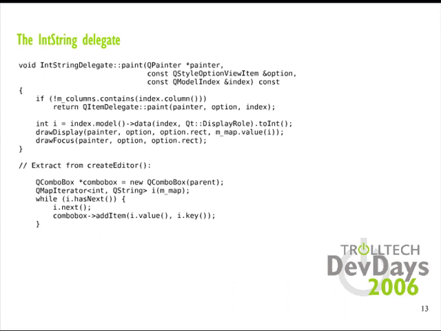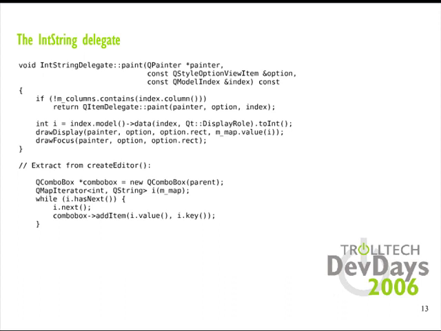So we get the string back, and the string we draw, we use map value. And map value guarantees you'll get a sensible value even if the key isn't there. Now, I think you could argue I should have used operator square brackets, because that would give me a crash if the data was wrong. And that might be a more reasonable solution, because this will give me basically an empty string.